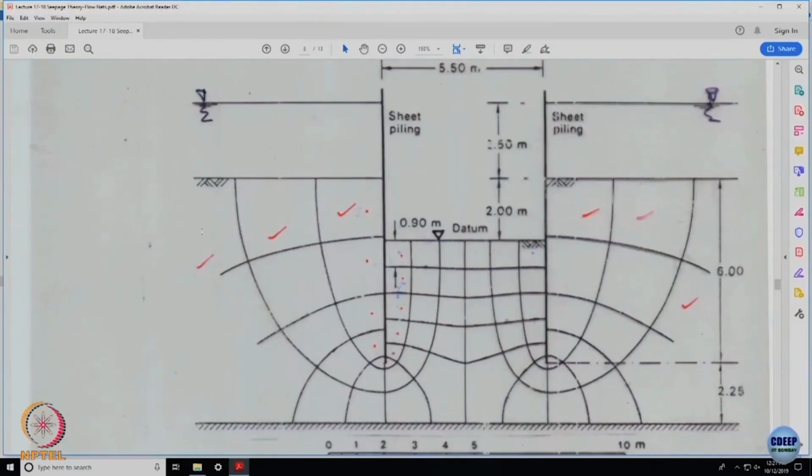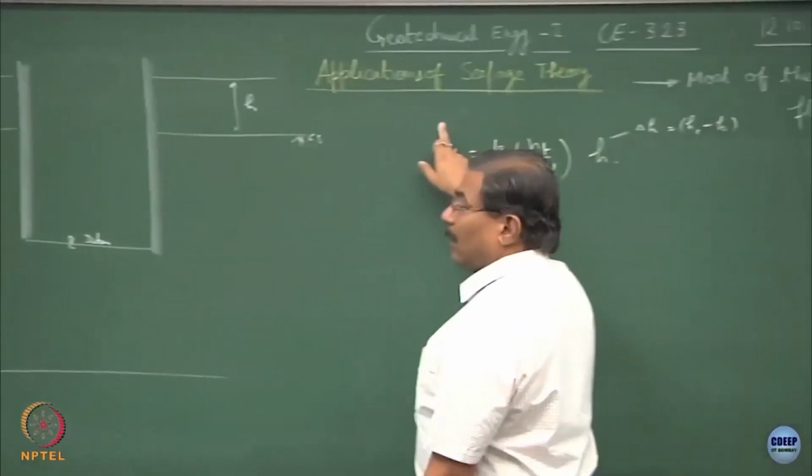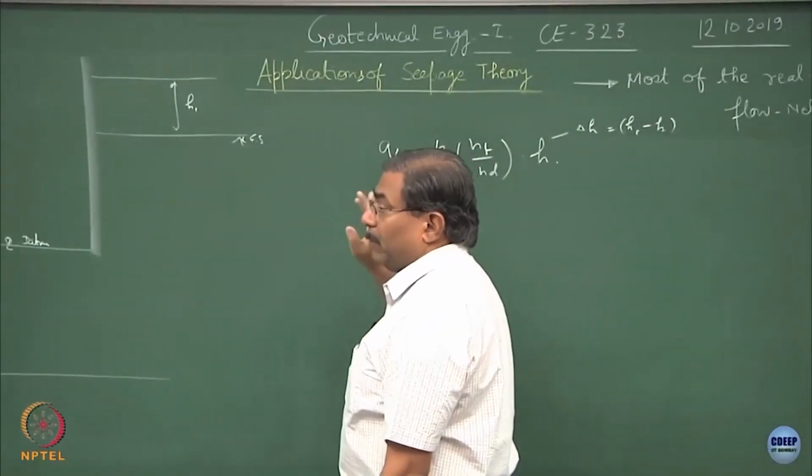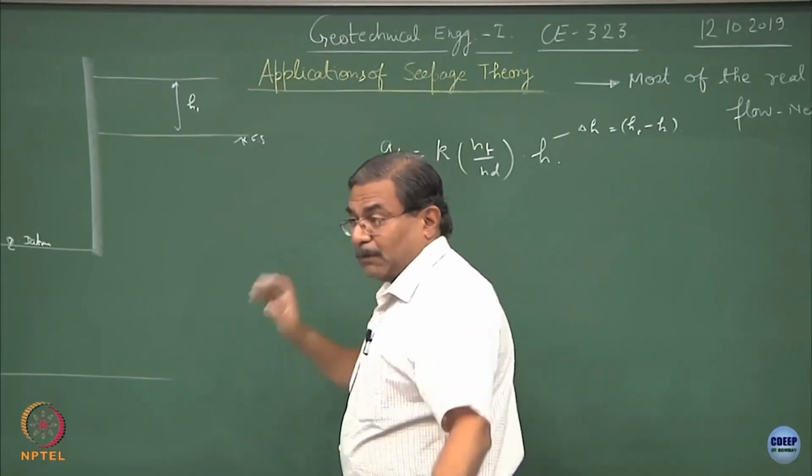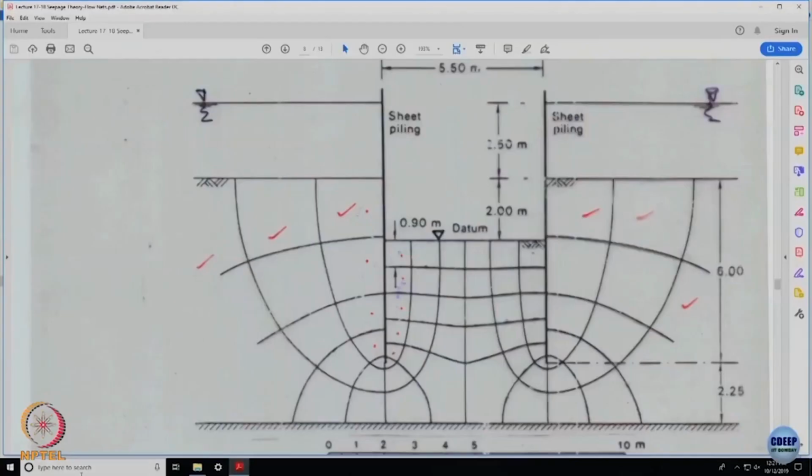So how many flow channels are there? NF we have got, ND we have got, H we know. If K is known, I know the value of Q, and remember this Q is the discharge which is taking place through the space between the sheet pile and the formation. So this is the value of Q over here per unit width of the cross section perpendicular to the plane.